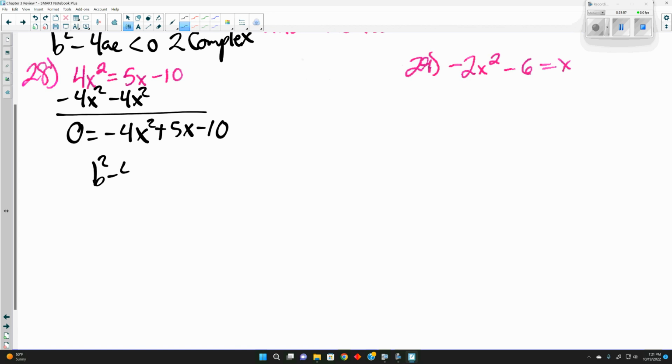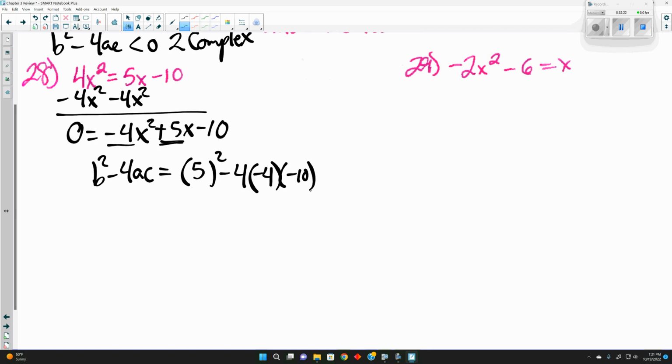Then b squared minus 4ac. So in this case, what's the value of b? B is 5, minus 4 times a. A is negative 4 and c is negative 10. Any questions on how we plugged in a, b, and c?